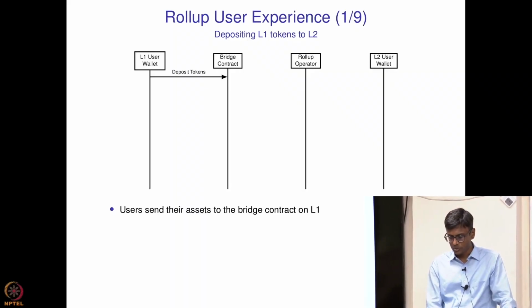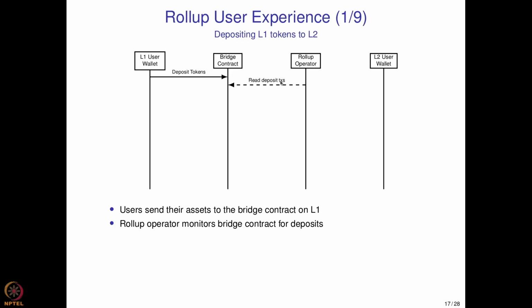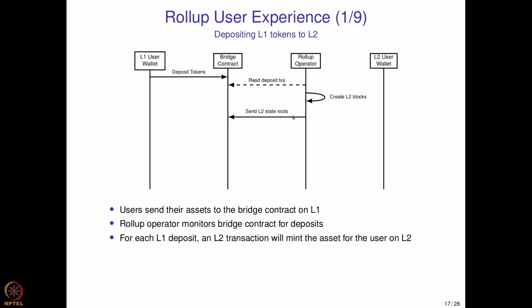So you deposit tokens to the bridge contract. That is what I showed you earlier. There was some 45,000 ether in Optimism's bridge contract. You deposit tokens, and then the rollup operator will read the deposit transactions. It will create an L2 block, and it will mint the equivalent amount of tokens on layer 2.